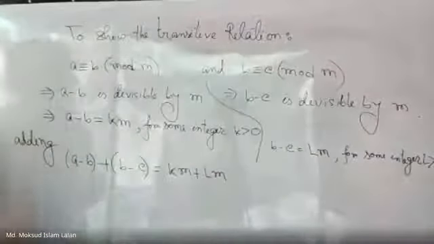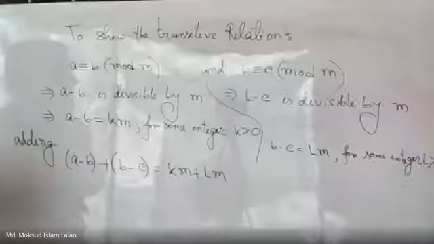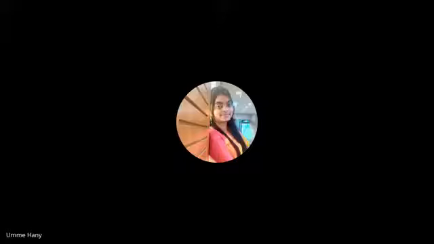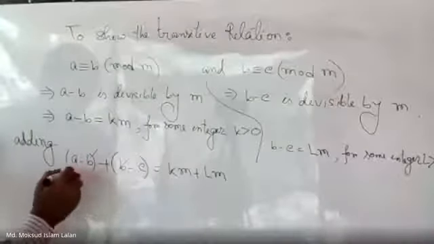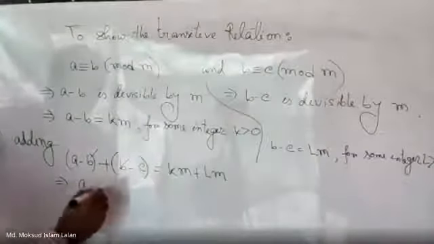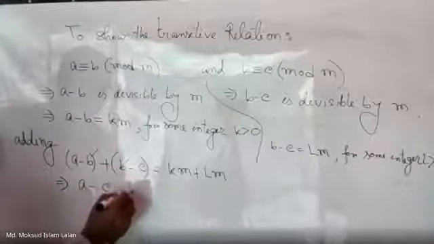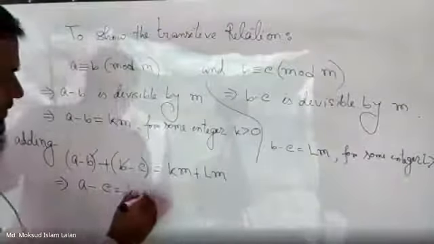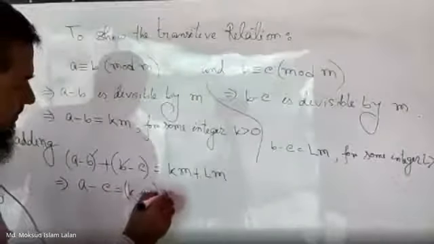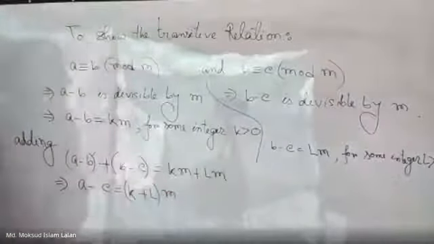Can I write? Yes, sir. Any question? No, sir. So then this B you can cancel it. So A minus C is equal to K plus L, we can take common M also. Can I write? Yes, sir.